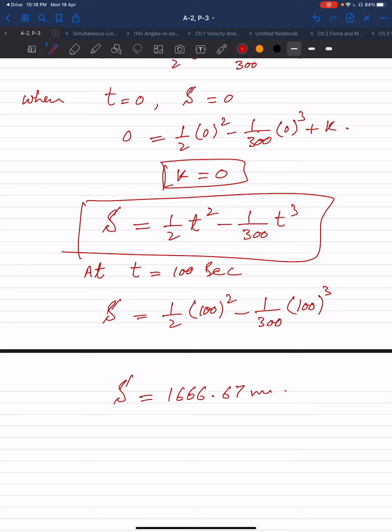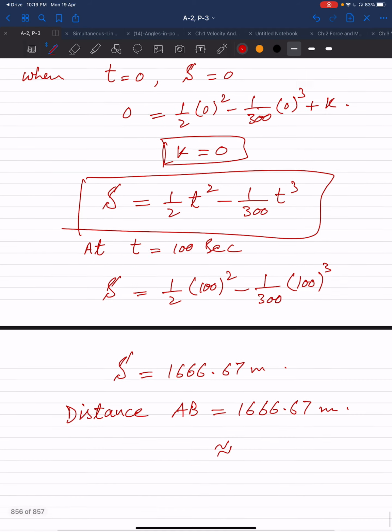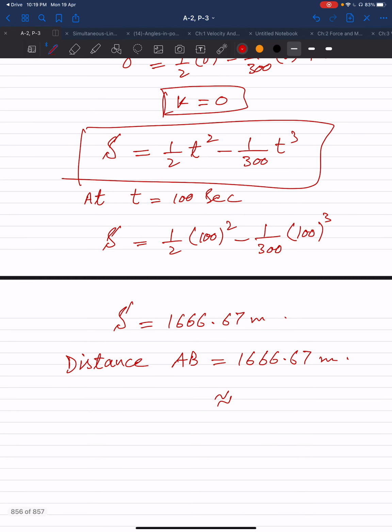That means distance AB is equal to 1666.67, and according to the requirement, if you round it off to three significant figures, this will be 1670 meters. Okay, we'll solve another question.